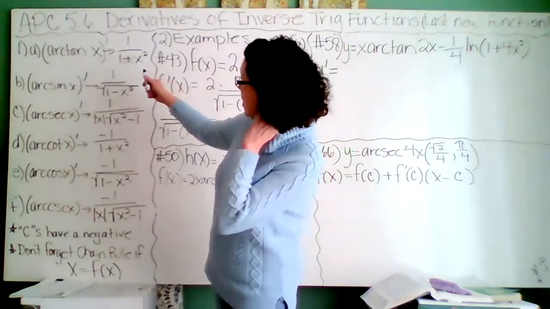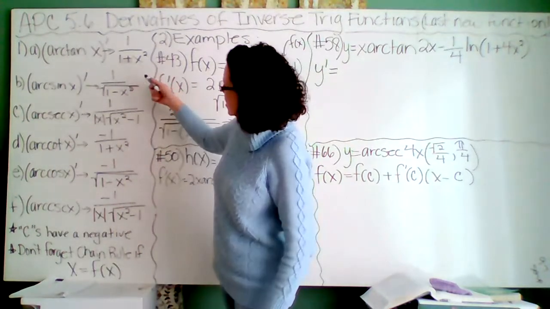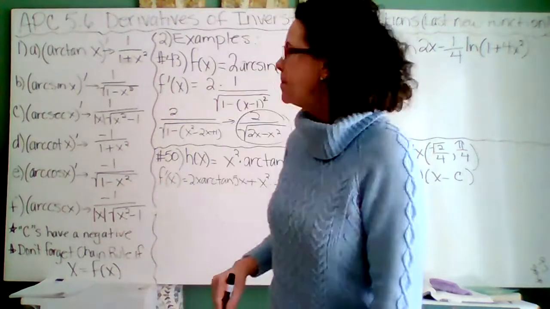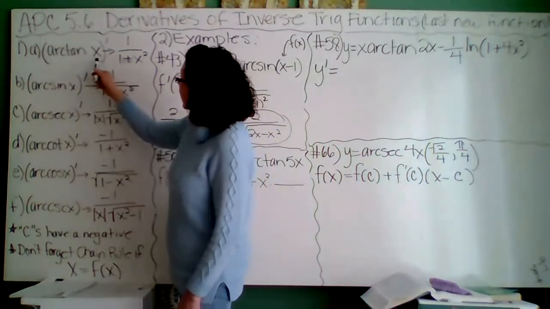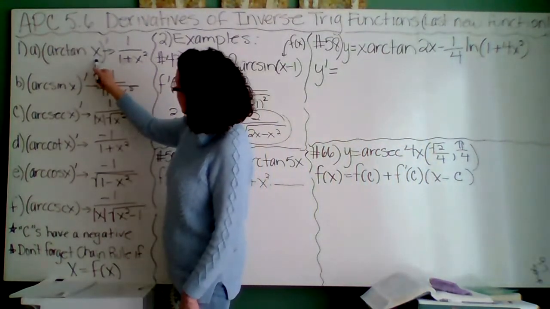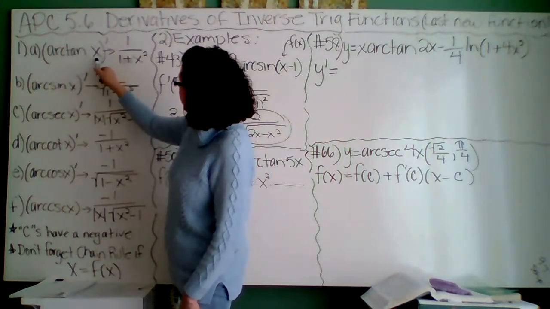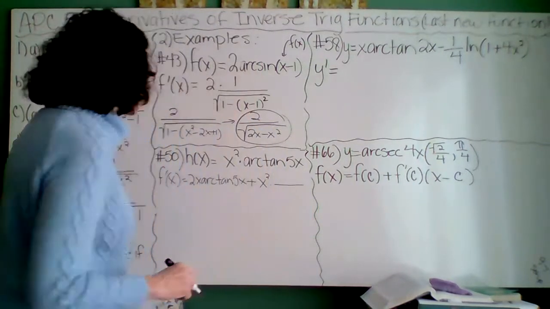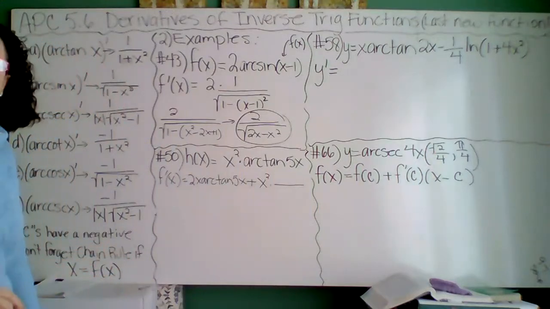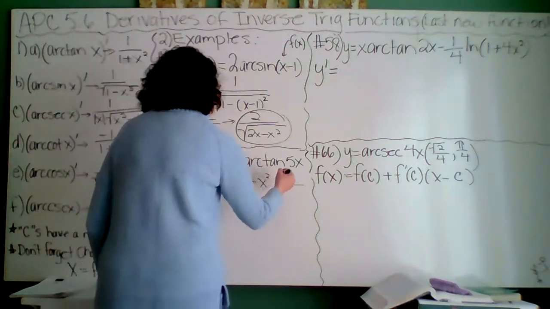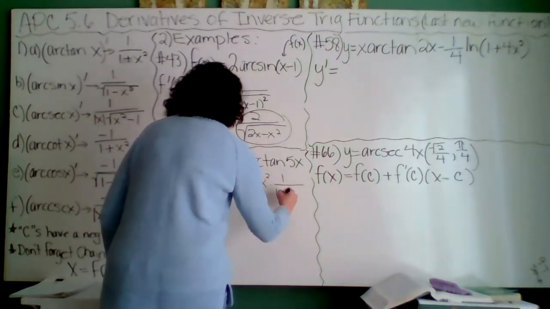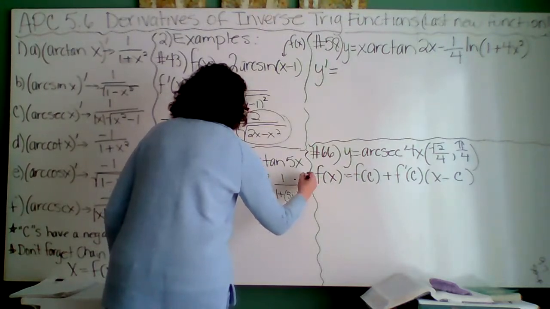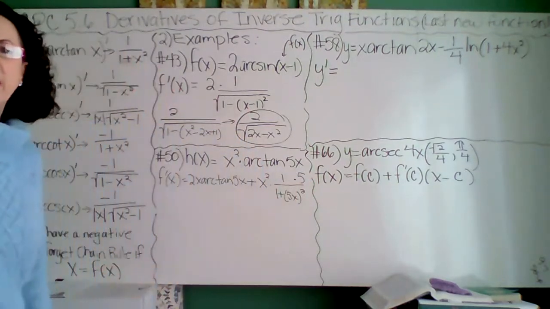I would say arctangent and arcsine are the most common on the AP exam. Notice that I have a 5x function where my x is. So it'll go here, here, and I'll take the derivative. The derivative of arctangent of 5x is 1 over 1 plus 5x squared times the derivative of the inside function, which is 5.